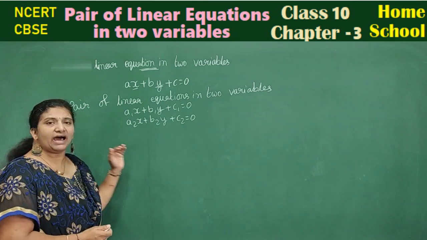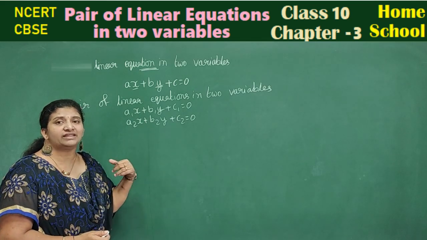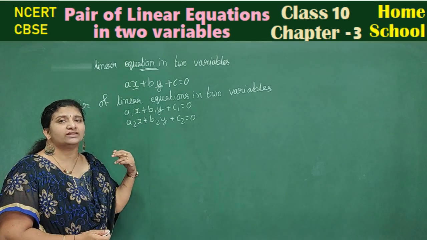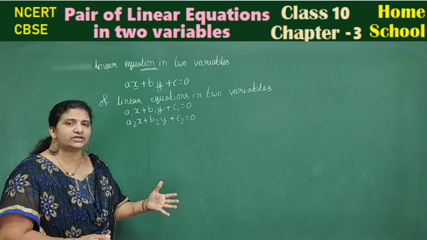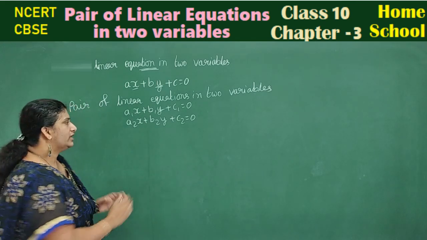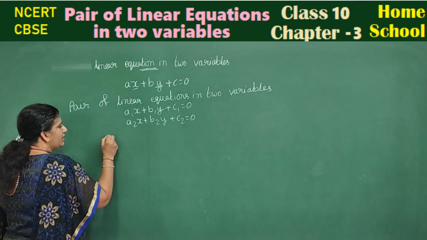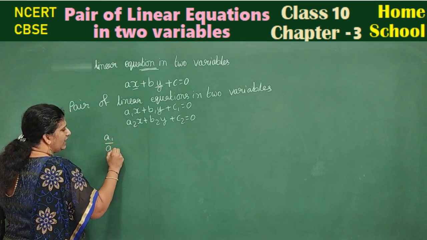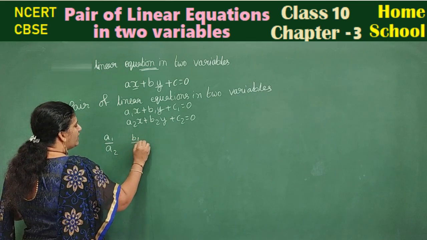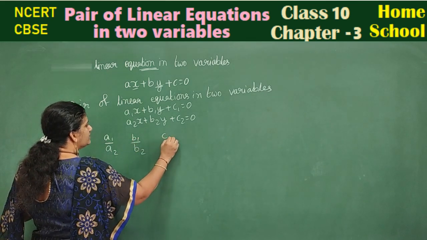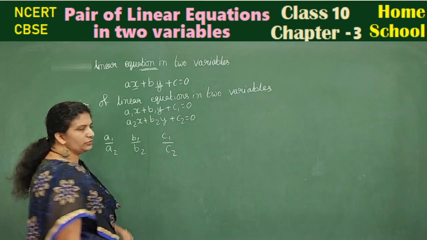Now let us compare the ratios and see what their solutions will be, and whether they are consistent or inconsistent. All of that we are going to learn now. So see these two equations and let me frame the ratios: a1 by a2, b1 by b2, c1 by c2.